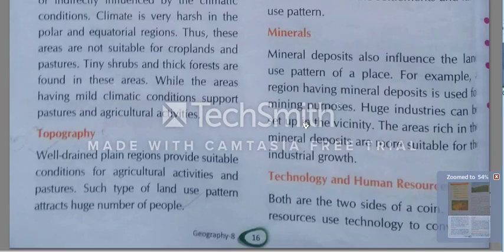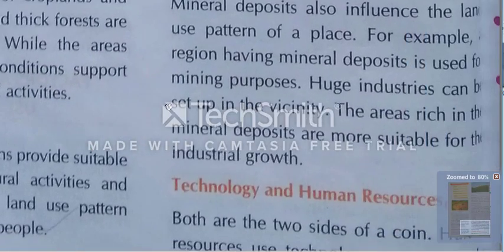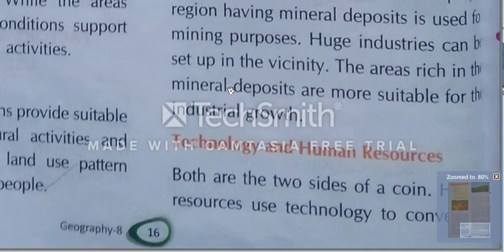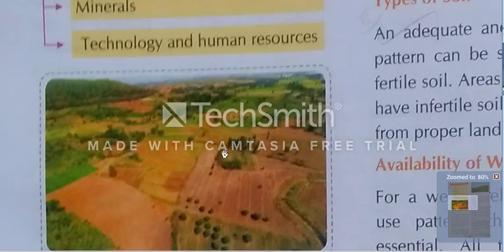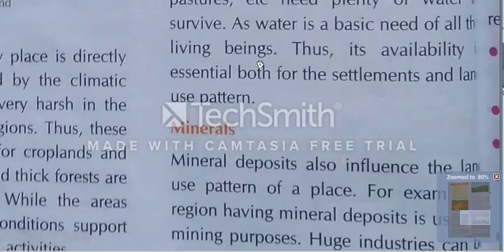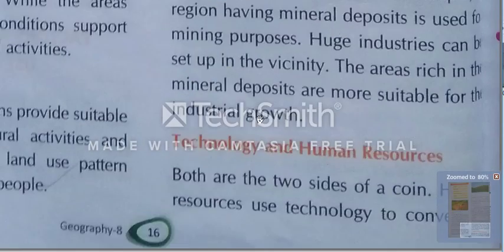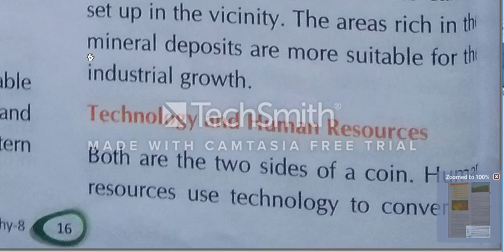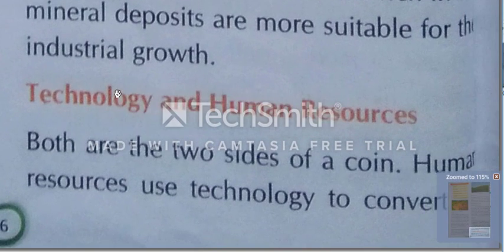Minerals you have seen. Today we are going to see something new, and I hope it will be the last heading here: technology and human resources. Let's see. Technology and human resources, in this you will see both are two sides of a coin.